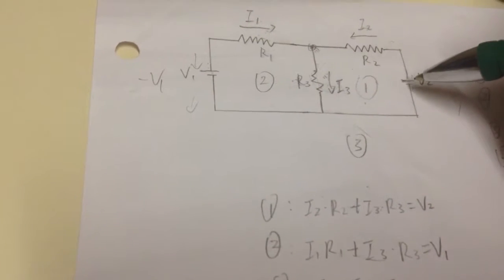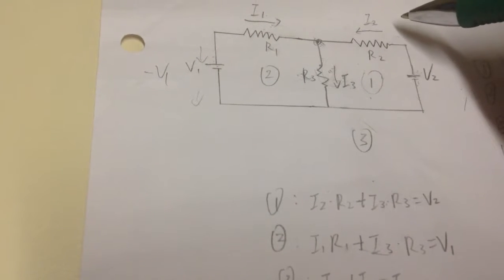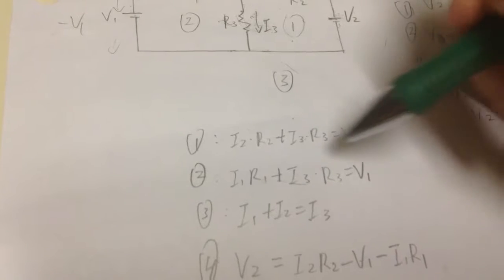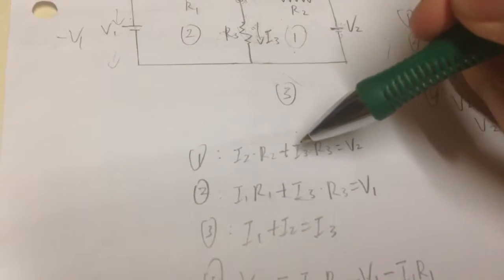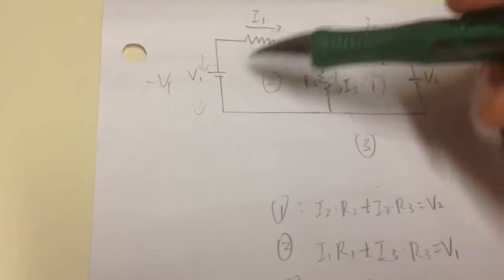Until this part ends, we have the first equation: V2 minus I2 times R2 minus I3 times R3 equals 0. So I2 times R2 plus I3 times R3 equals V2. Okay, for this part, we go in the direction like this.